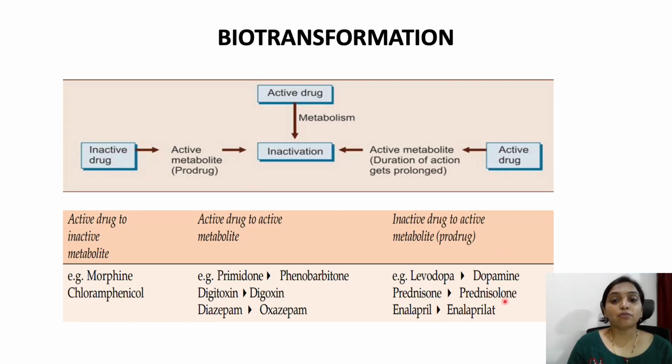This is given in Parkinson's to overcome the loss of dopamine, preventing its degradation in the periphery by the decarboxylase enzyme, so that the desired amount of dopamine can be available at the basal ganglia for the treatment of Parkinson's. So that is the importance.